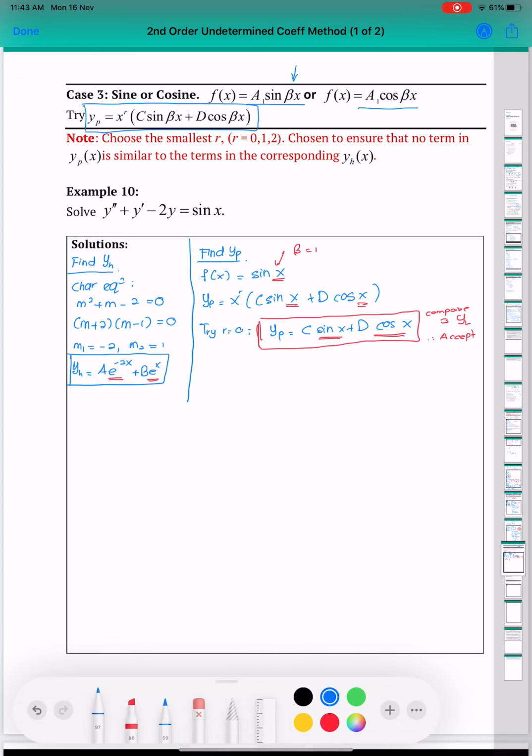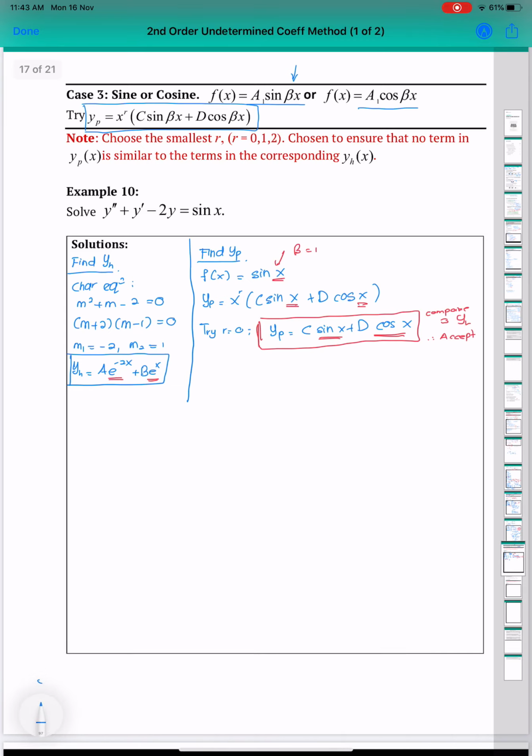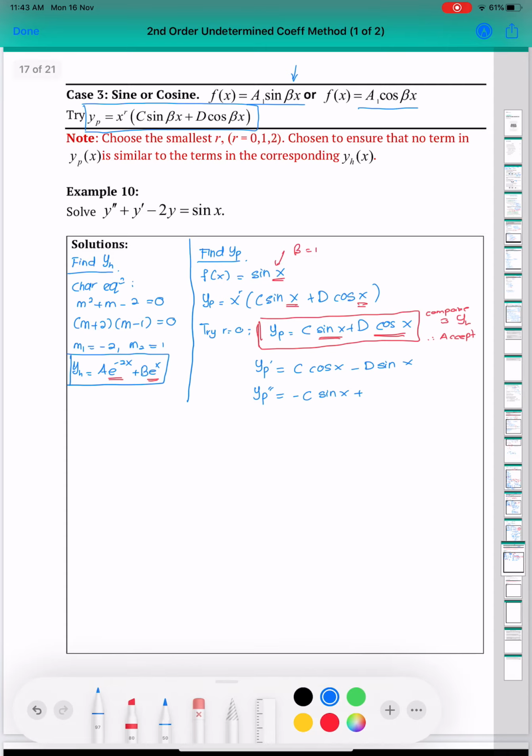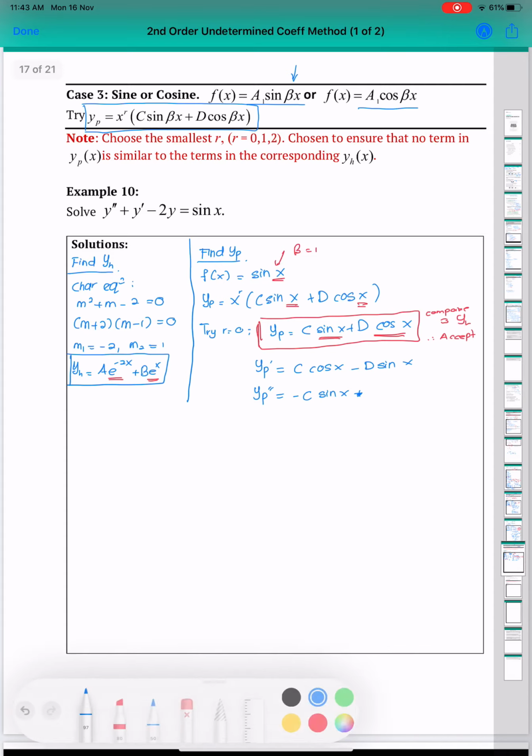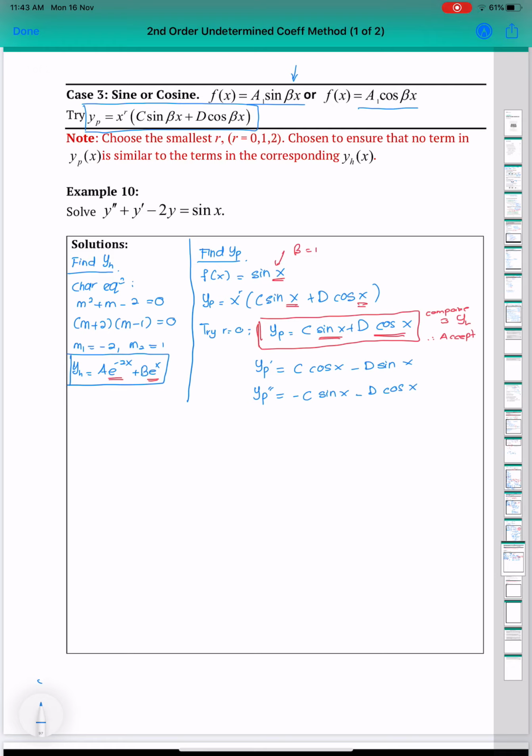Now I want to substitute in my original differential equation, so I must find yp prime. So yp prime is c cos x minus d sine x. I differentiate once, and for yp double prime I differentiate again. I will get negative c sine x, and because we differentiate cos, we get minus d cos x. So substitute in the differential equation.